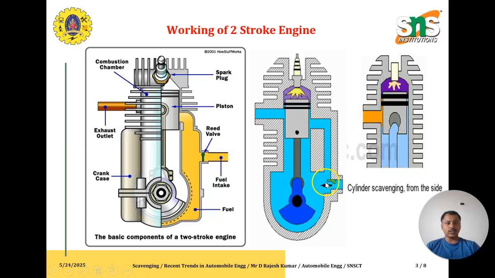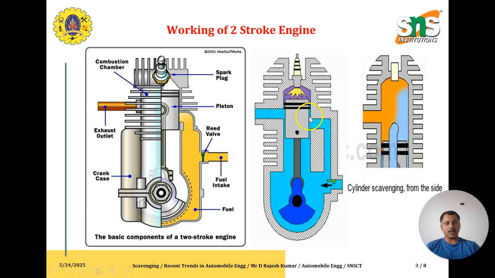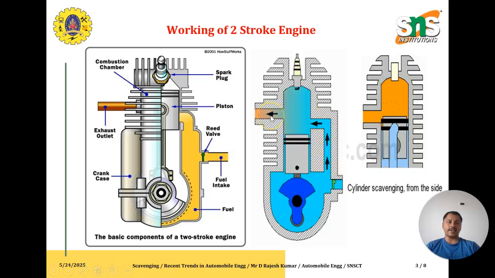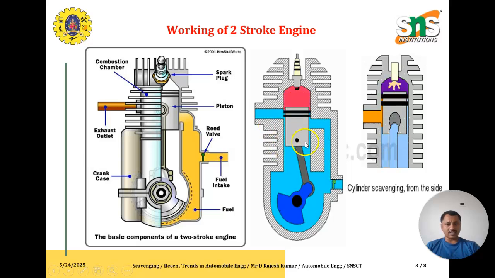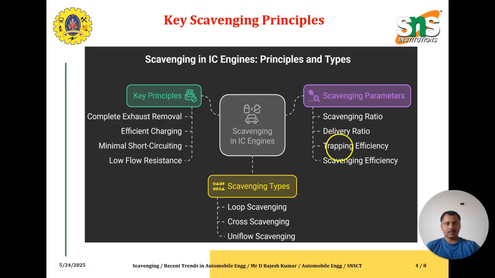Through the transfer port, the fresh charge of fuel enters inside so that the already burnt fuel gets outside. This process is called scavenging. Generally, scavenging is used to complete the exhaust gas removal and efficient charging and minimizing the short circuiting. It has very low flow resistance.